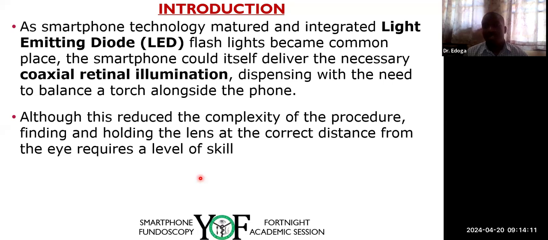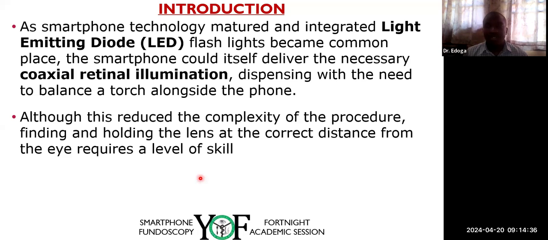But what I would recommend straight up is iPhone 7 or iPhone 8. I'll discuss it later, actually in part two, when I'll be discussing some of the tips and tricks involved in smartphone fundoscopy. It's actually complex if we are starting, but it's very easy to master.